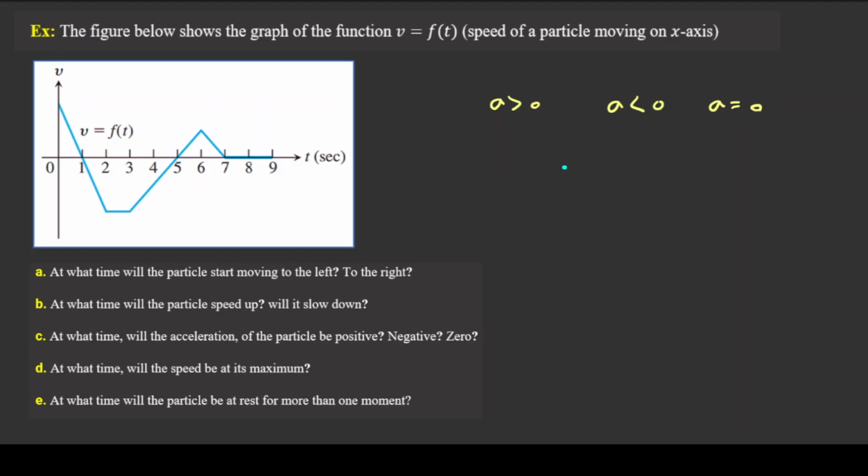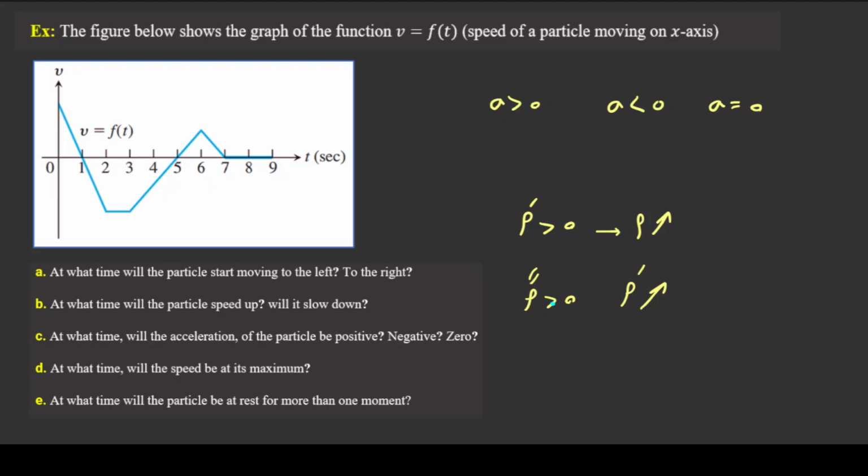Okay, if you remember, in chapter 4 we said f prime is going to be positive when f is increasing, and f double prime is going to be positive when f prime is increasing. The acceleration is like f double prime, velocity is like f prime.